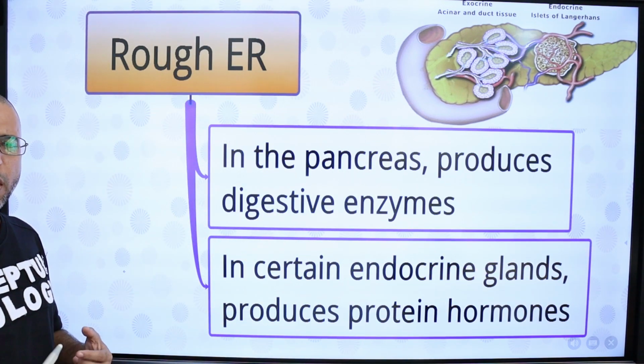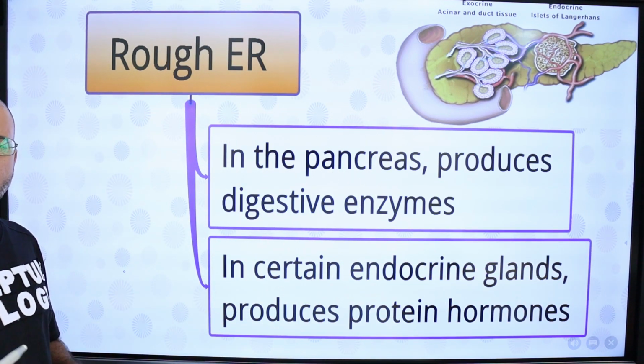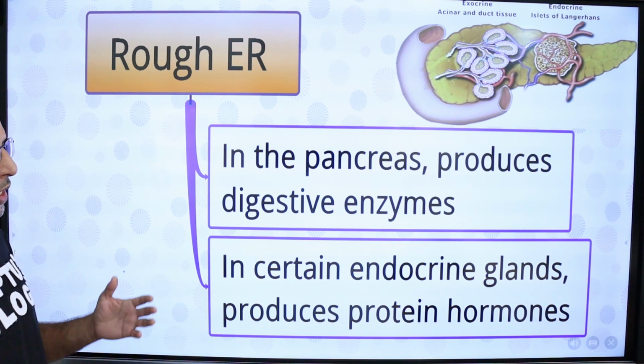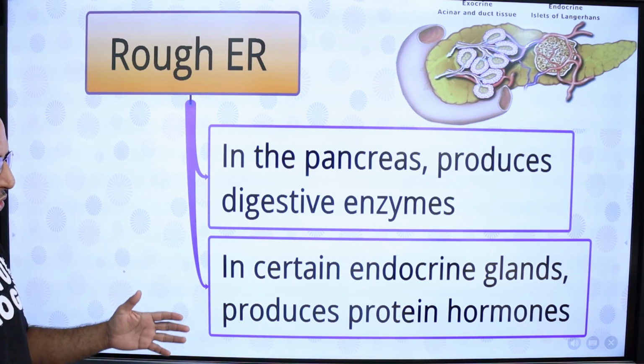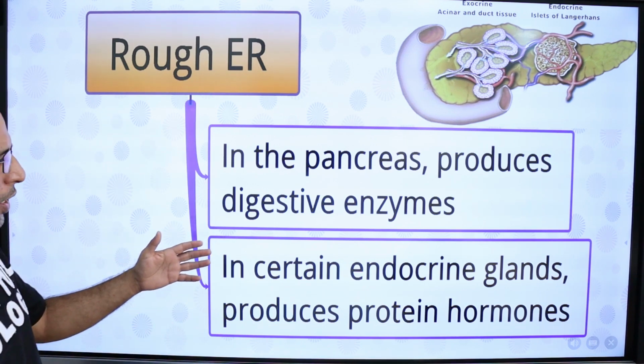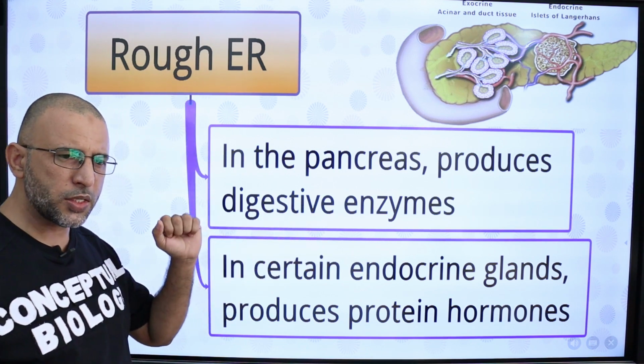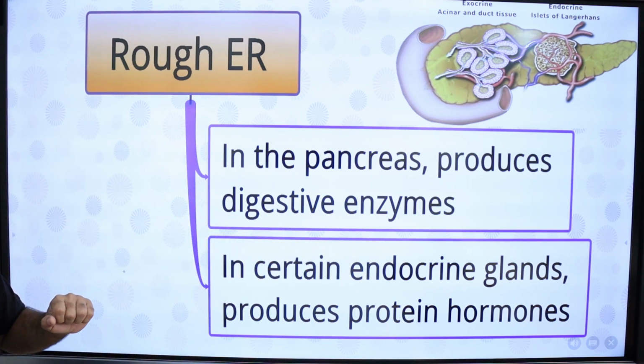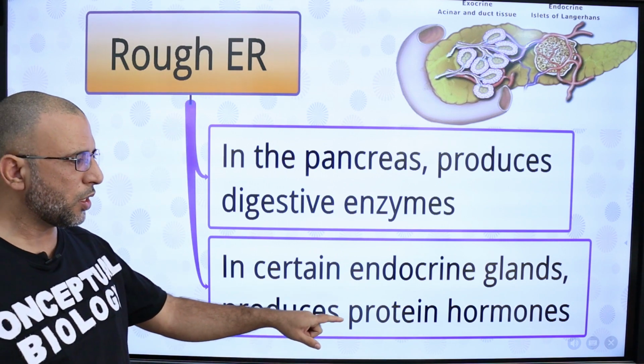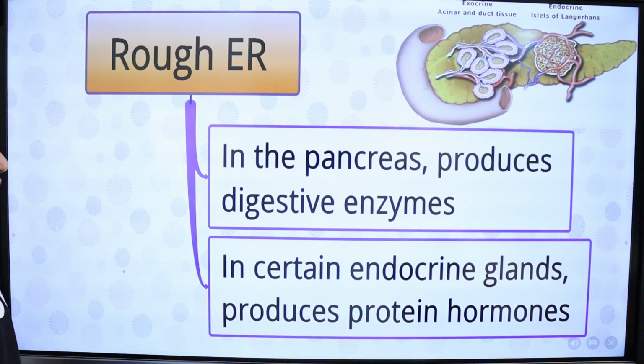Pancreas is an organ that is located in the abdomen, and the pancreas has dual function. It has endocrine glands and exocrine glands. Exocrine glands produce digestive enzymes, and endocrine glands are involved in the production of protein hormones.